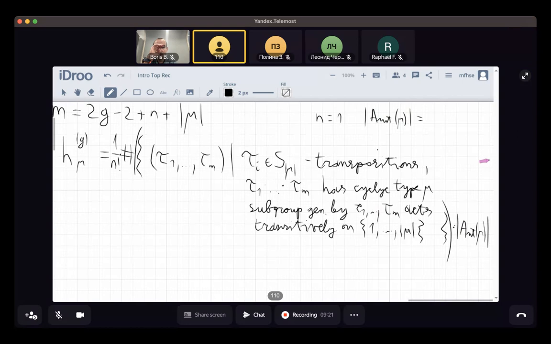Automorphisms of mu as a collection of n numbers: in how many ways can you reshuffle your n numbers such that the order remains the same? So if you have just one number, what is the number of automorphisms?